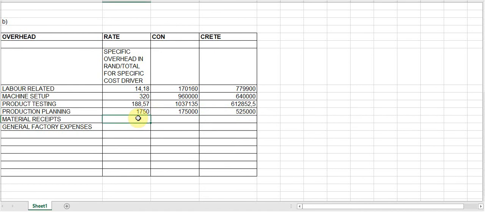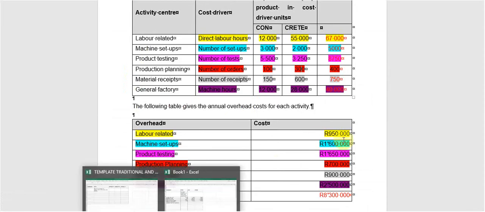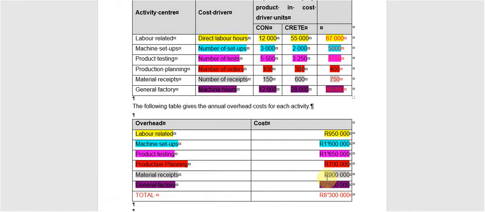We are on the material receipts. For material receipts, we highlighted it in gray. It was a total of 900,000, and it was 600 for Crete, 150 for Con, and it added up to 750 if we look at the number of receipts, which is the cost driver.